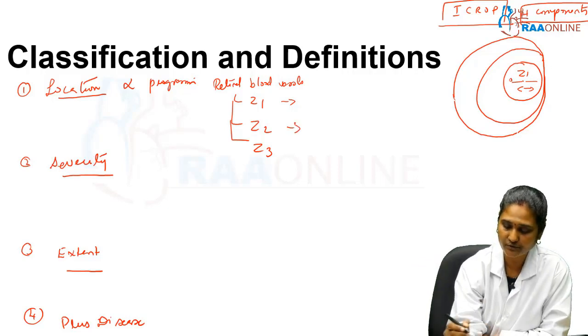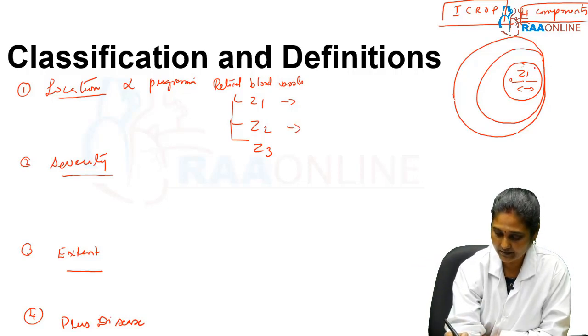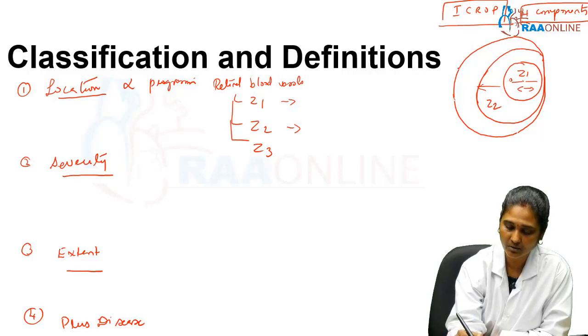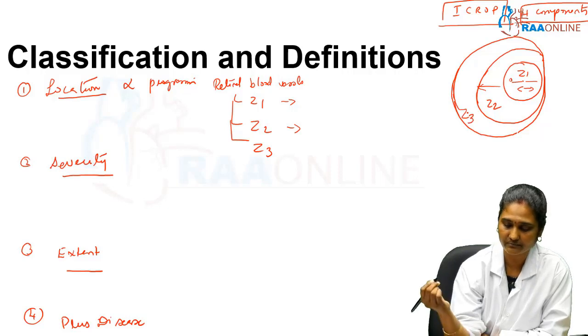Zone 2 extends medially to the ora serrata, and temporally it is twice the distance. This is zone 2. And zone 3 has no medial part; it is only the ora serrata up to the temporal side. This is zone 3.